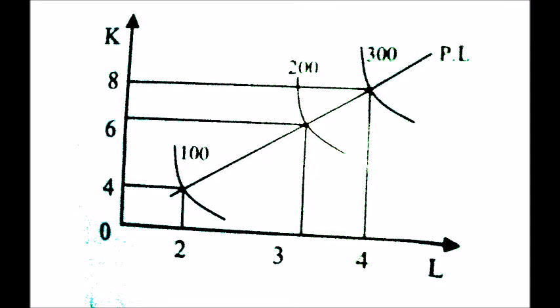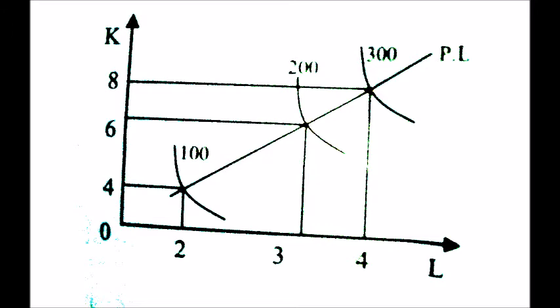When K and L are increased at the same time by 50%, K is said that 4 is to 6 and L is said that 2 is to 3. Output increases by a greater percentage, that is 100%, from 100 to 200 units.